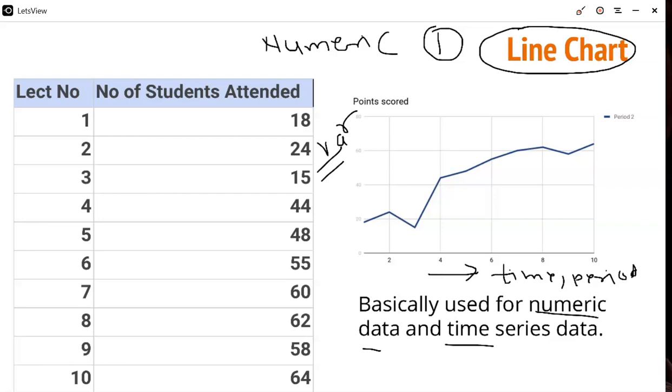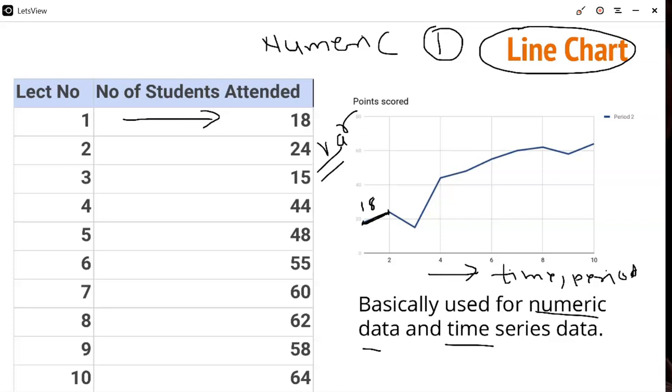So on the x-axis, 1, 2, 3 are the first lecture, second lecture, third lecture, fourth lecture, up to the 10th lecture. For the first lecture, the number of students who attended is 18, and two points are usually joined by a single smooth line. Two distinct points are connected with each other in the line chart by a smooth line.